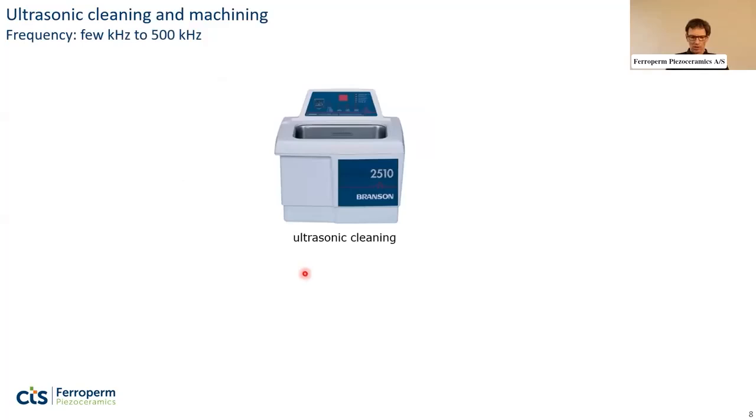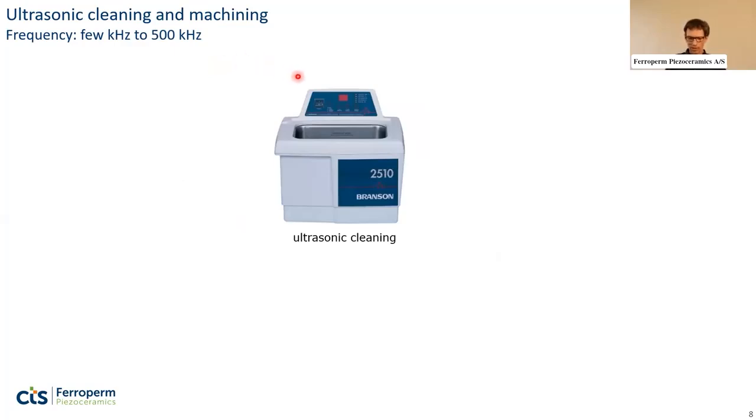Okay, so and now moving up in frequency, we come to the example of ultrasonic cleaning and machining. So generally the frequency is rather a bit higher here. It's a few kilohertz up to even 500 kilohertz.